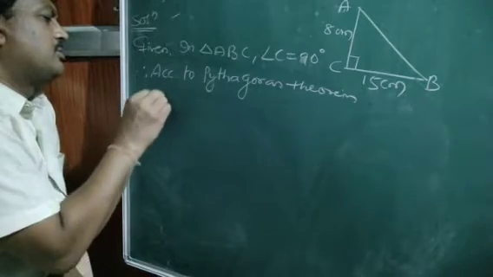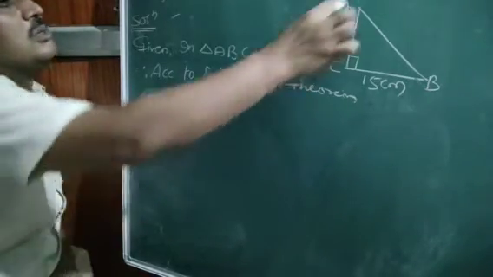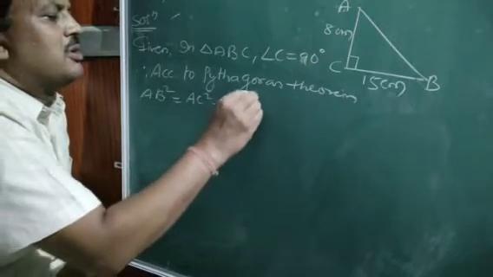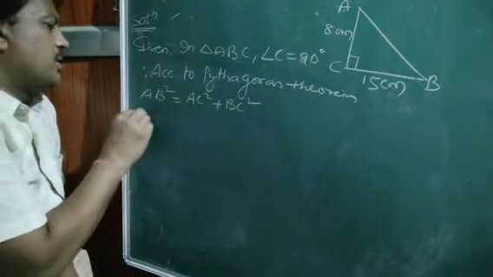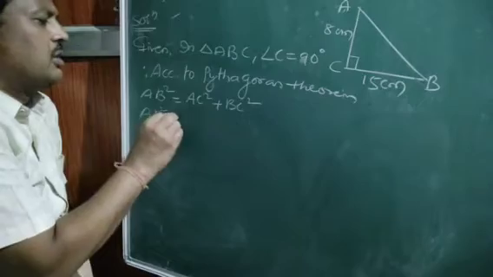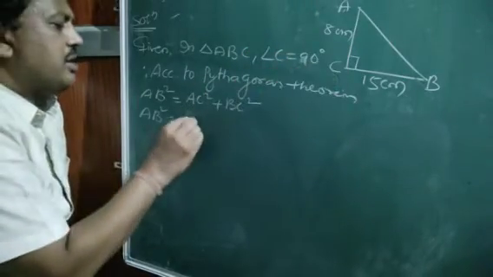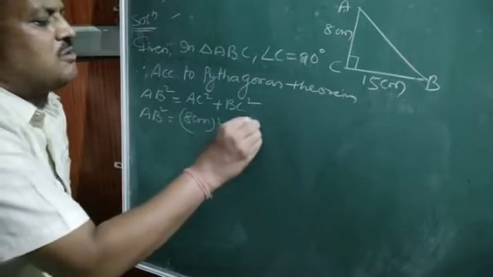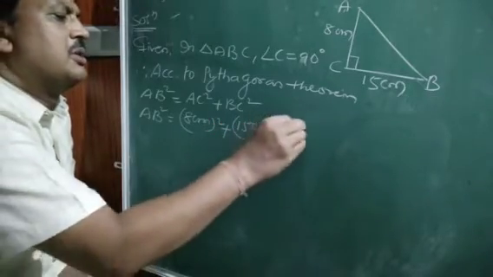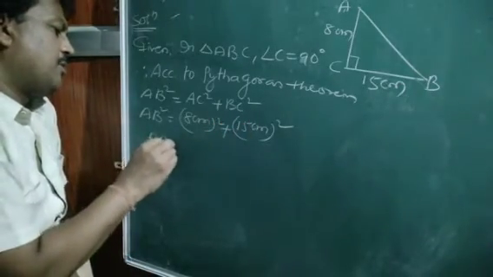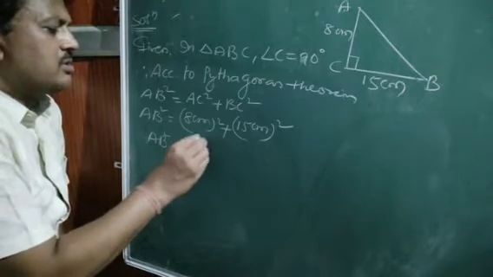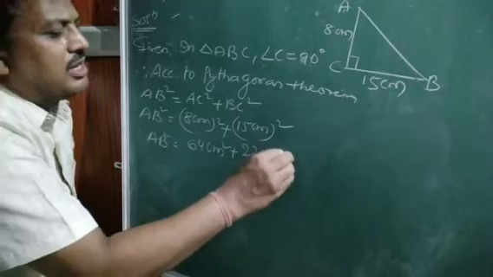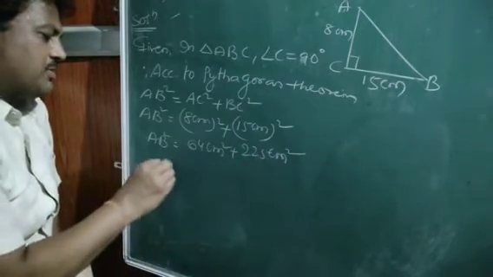Hypotenuse side square is equal to AC square plus BC square. Hypotenuse side we don't know. AC value is 8 centimeter squared plus BC value 15 centimeter squared. AB square is equal to 64 square centimeter plus 225 square centimeter, children.